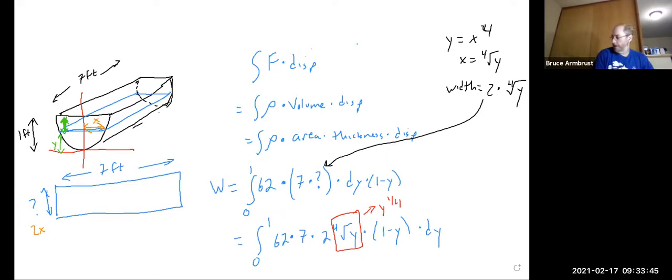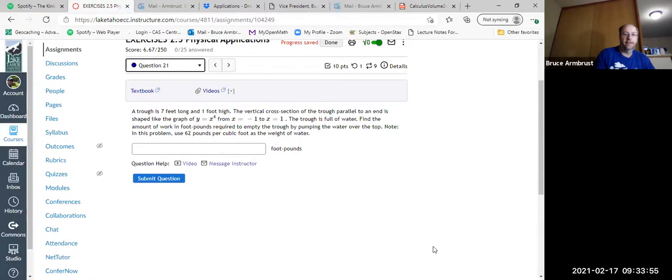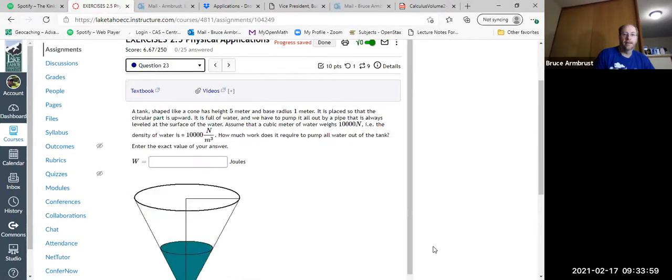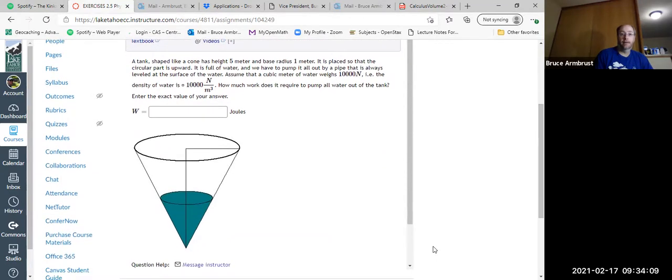All right, so I'm going to look at the last one that was on my list, which is a specific one, 23. Let's go take a look at 23. Okay, so this one's actually very similar, but we'll go ahead and get it set up.